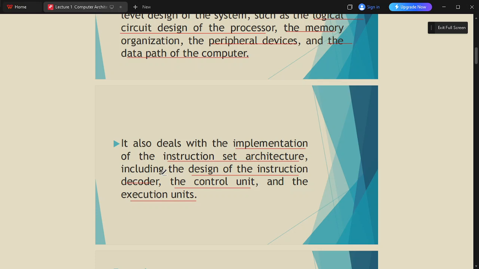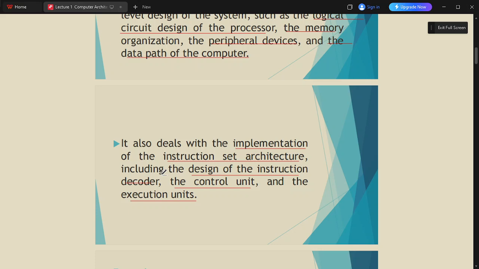Then the last point there says execution units. This is where the actual work happens, which are the arithmetic, maybe also accessing the memory and so on. We can simply say this execution unit does most of the heavy lifting.